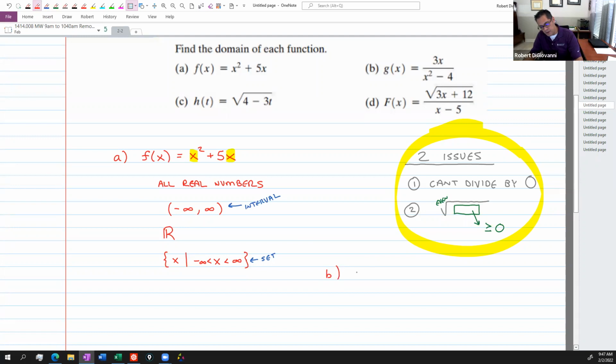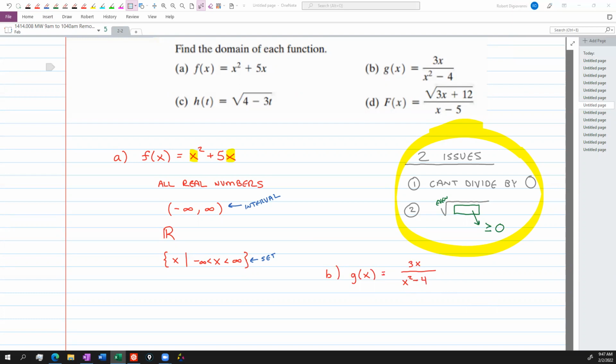B is the function g of x equals 3x over x squared minus 4. All right, let's see. Annika, are you here? Yes. Okay.